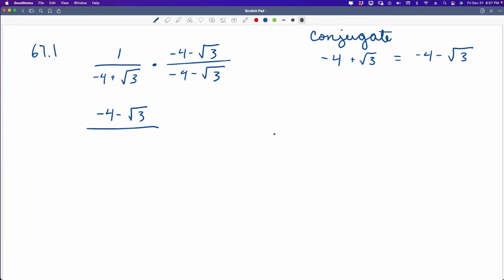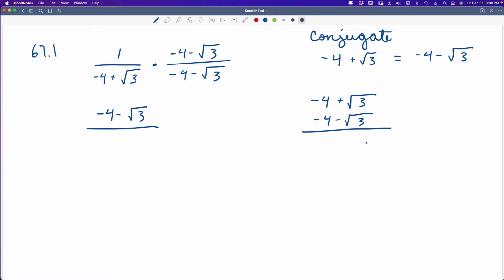So what we do is what's called a stacking method. Now you can do the distribution method. That works just fine. But there's also another method that goes along with stacking, where you layer your square roots. We layer these numbers on top of each other, and we multiply just like we would multiply regular numbers.